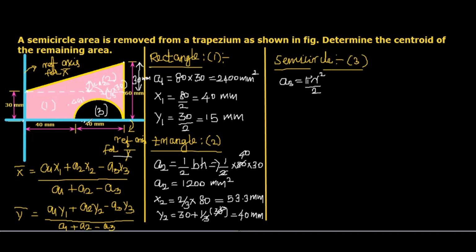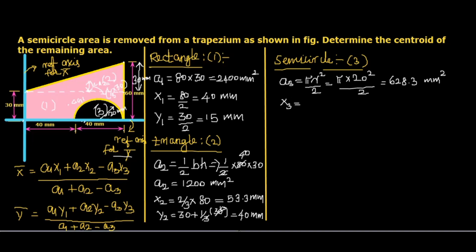We know the total distance from here to here is 40. This is the diameter. When the diameter is 40, the radius will be 20 mm. So A3 is pi multiplied with 20 square divided by 2. When you simplify, we will get A3 as 628.3 mm square.